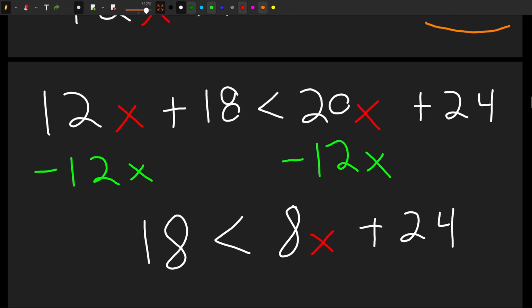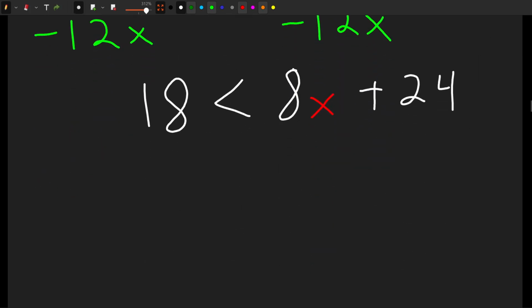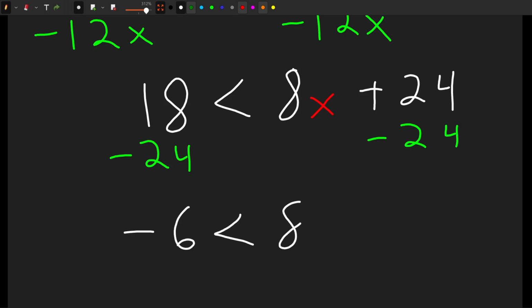Okay. And now I'm going to subtract 24 from both sides, and on the left-hand side I get negative 6 is now less than 8x.